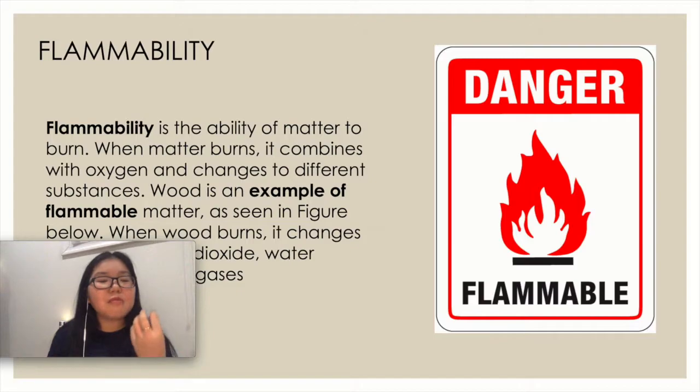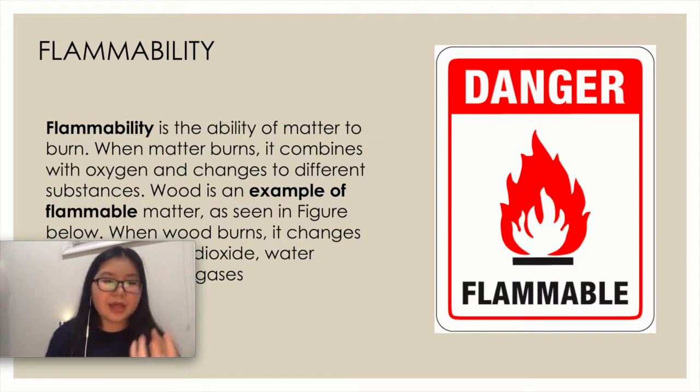So when something burns, it is always combining with oxygen and changes to a different substance. Definitely, when you burn sugar, it's not sugar anymore. When it has burned, it will become another substance like coal. So it's really easy to understand.